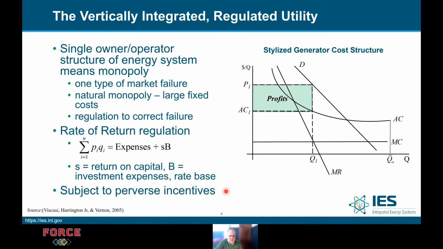So that's one component of the perverse incentives that it created for the utilities to not necessarily be seeking the most cost-efficient build-up practices. As Paul mentioned previously, the industry was built up under a different regime than is in place today. That's part of the regime that it was built up under, this rate of return regulation.